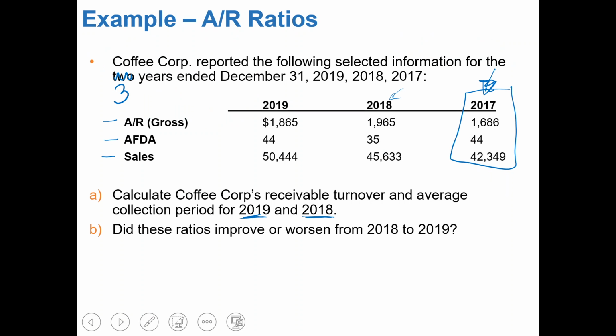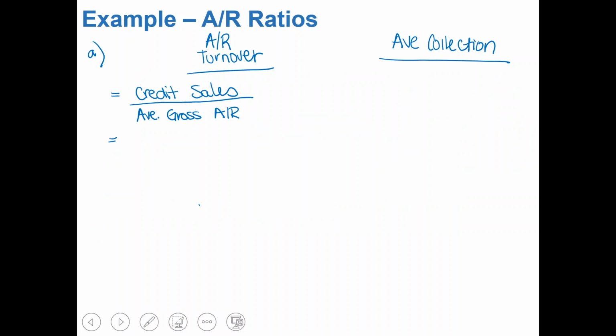And we want to use credit sales, but we're not given it in this case, so we'll just use overall sales. And then for our average AR, we will look at these two numbers, 2019 and 2018, to calculate the average. So we'll cross out credit. We don't have that, so we're just using sales.